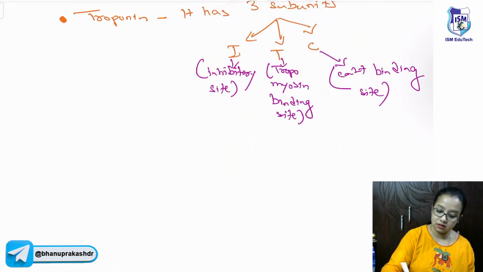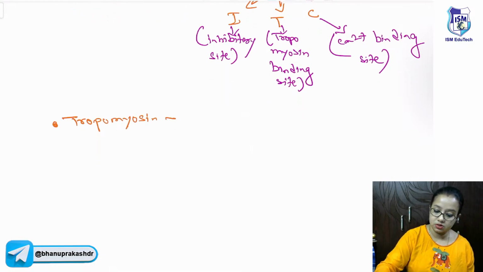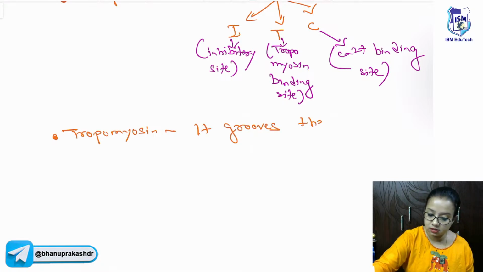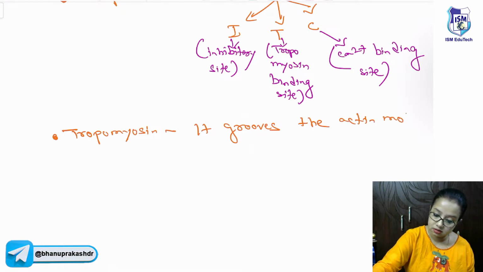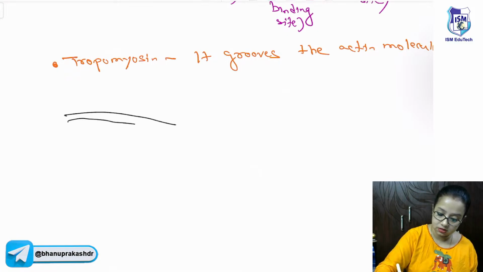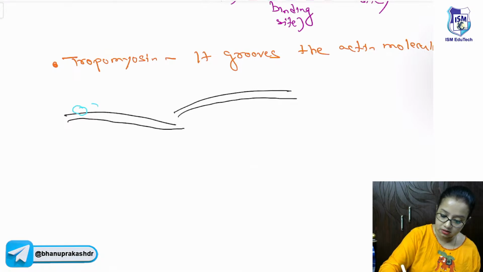Next regulatory molecule is tropomyosin. Now, what tropomyosin does is it groups the actin molecule. So, if we are to draw that one, this is like tropomyosin, and on it we find the actin and troponin.